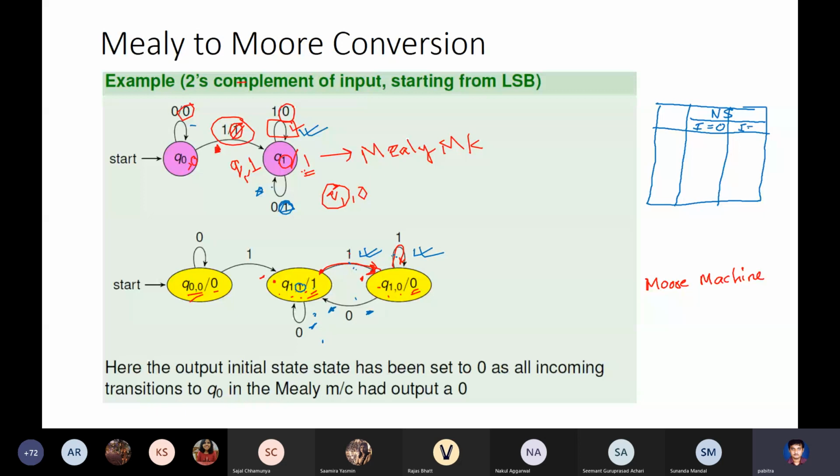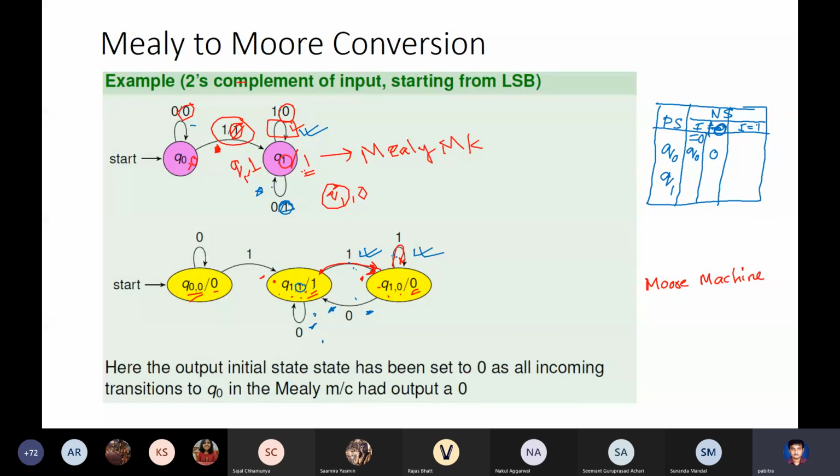So this is my Mealy machine that I'm drawing. You have Q0 and Q1. On input 0, Q0 stays in Q0 and produces an output of 0. This is input, this is output. This is input equal to 0. This is input equal to 1.